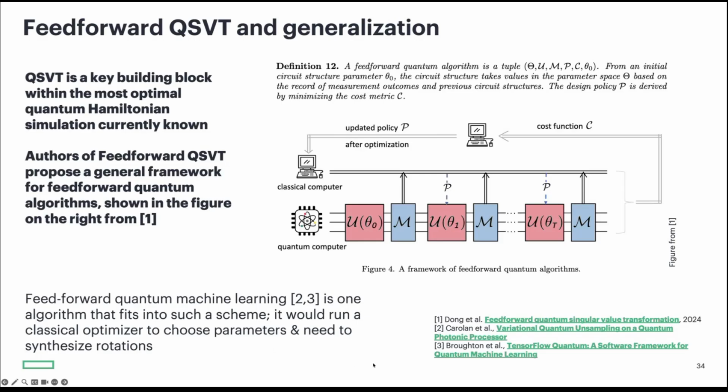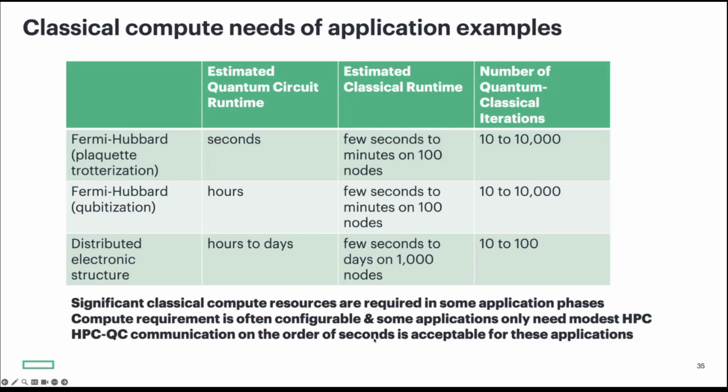Okay, so from here, I'm going to go to summarizing the implications for system design of all of this presentation. I'm going to try and go through that quickly and then leave some time for questions. So Namit already talked about the Fermi-Hubbard and distributed electronic structure simulation.